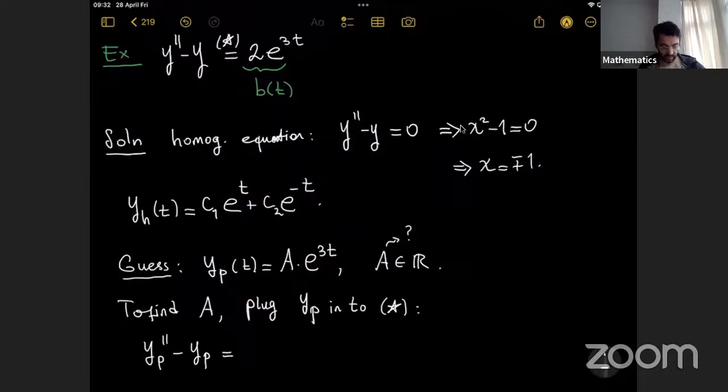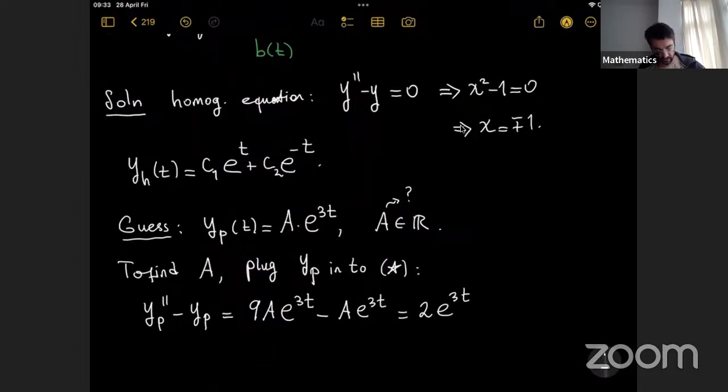It's going to be 9a e^(3t) minus a e^(3t), which is equal to 2e^(3t).